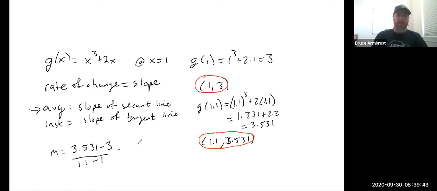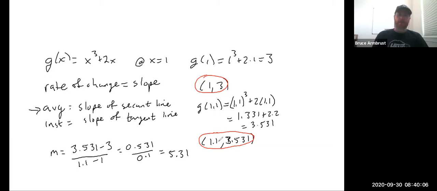So that's 0.531 over 0.1. Just have to move the decimal 1 spot. And I get 5.31. So what I know is that the instantaneous rate of change is going to be near 5.31. So that's what I get using these 2 points.